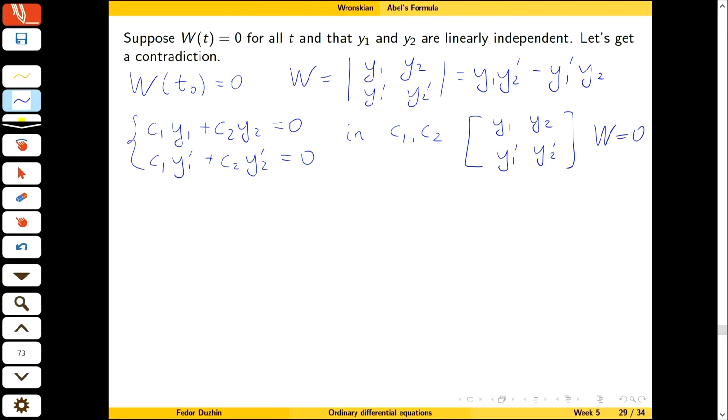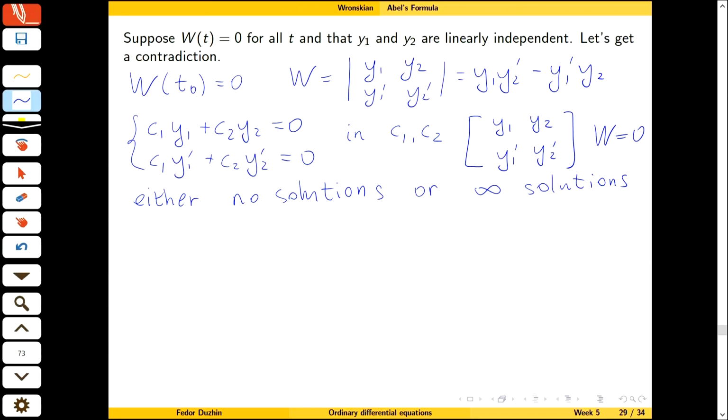But when the determinant of a system of two equations with two unknowns is 0, it means that either it has no solutions, or it has infinitely many solutions, right? Now, which of the two cases do we have here?